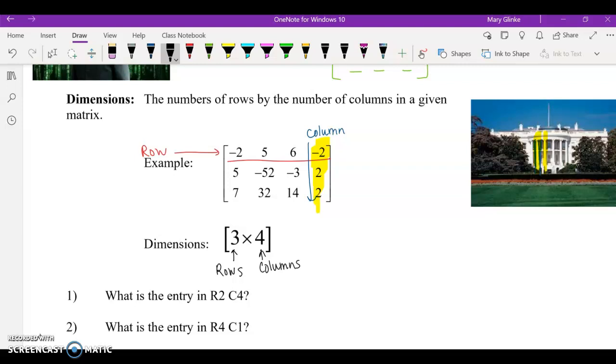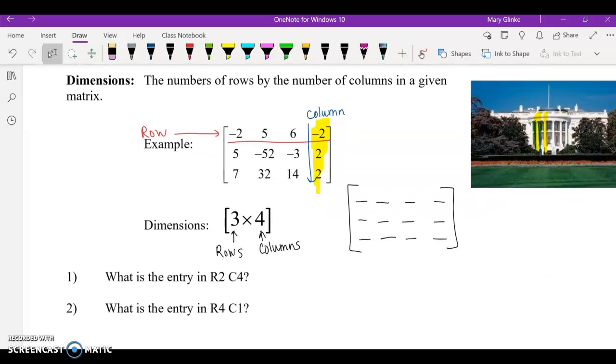So something that is a 3 by 4 has 1, 2, 3 different rows and 1, 2, 3, 4 different columns, and an equal number in each row and in each column. So there are 12 different data entries in that matrix. You can then identify specific entries by looking at specific rows and columns.